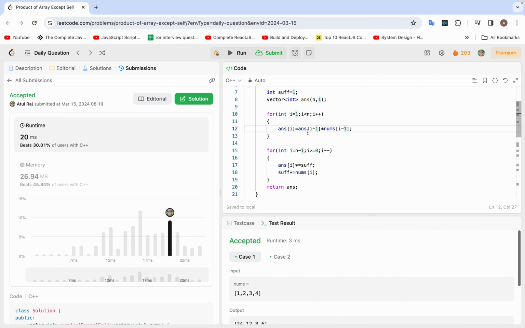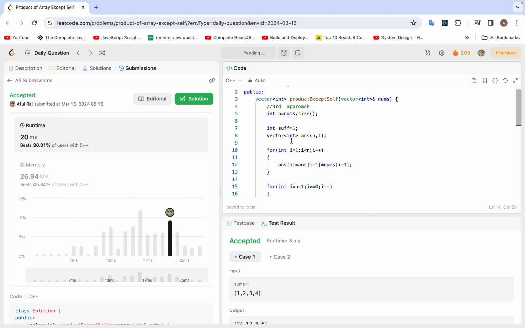Yeah, because we need to see its previous and its next value, right? Let me clarify that this is nums of I minus 1 because we will be storing at index I its previous value, right? So in answer of I, which is 1, we will store this 1 value. For 3 it will be 2, for 4 it will be 6, like that, right? So let's submit it.